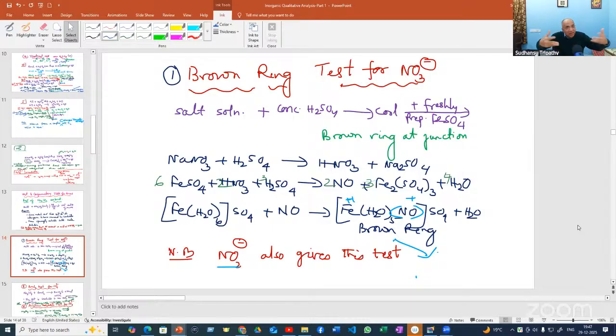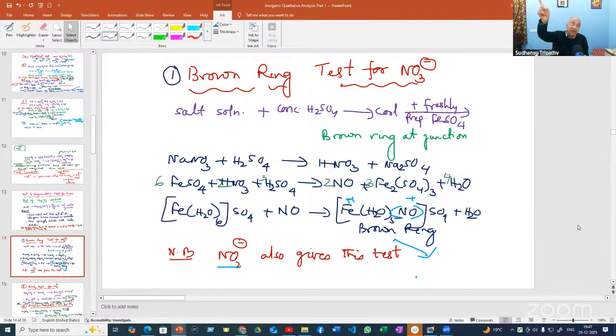So that is done in a higher class. The interfering radical, this nitrite and nitrate, both will give brown ring. So you have to kill nitrite ion by using something. Some is an alloy called Devarda's alloy with magnesium and other. There that decomposes nitrite to produce nitrogen gas. So before going for brown ring, you have to kill nitrite. By using some alloy, we kill nitrite ion.